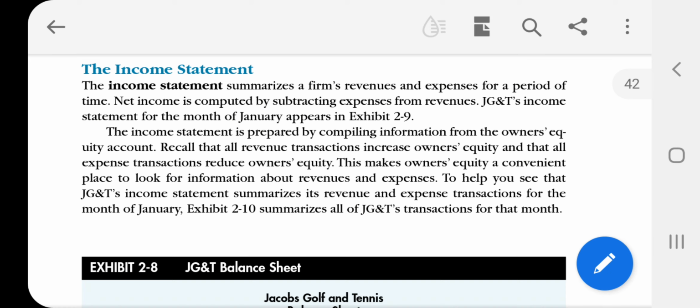The income statement is prepared by compiling information from the owner's equity account. So what we're going to do is take the owner's equity account and compile all the information, and based on it we'll prepare the income statement.